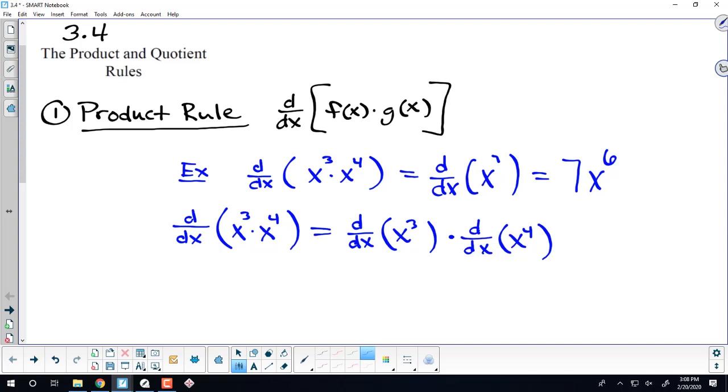And we'll just test that out. We take the derivative of x cubed and multiply it by the derivative of x to the 4th. Do we get x to the 7th, or 7x to the 6th rather? No, clearly not. We've got a 3 times 4. We've got x to the 5th.